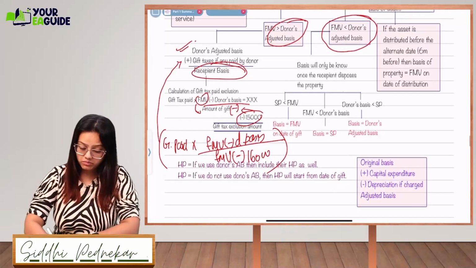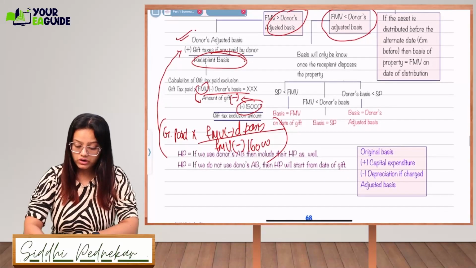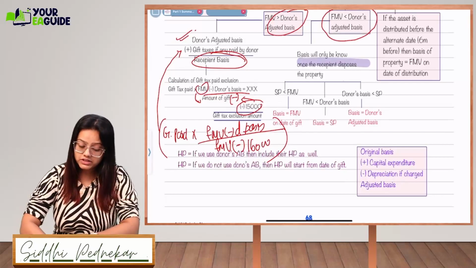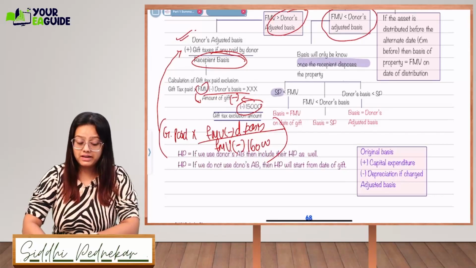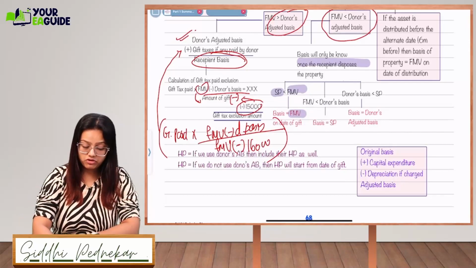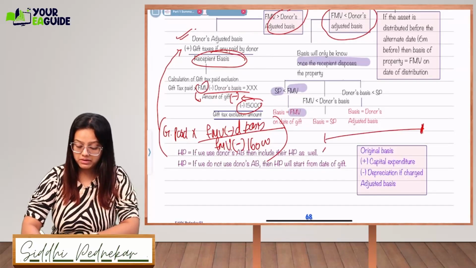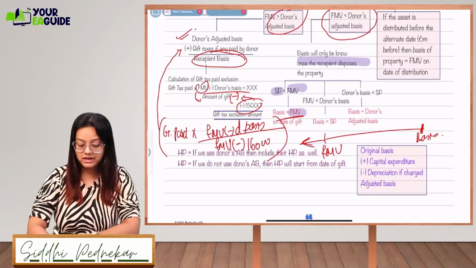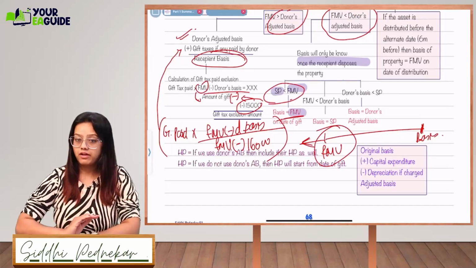In case of depreciated property, the basis will only be known once you sell or dispose of the property. If the selling price is less than the FMV, directly take the FMV as the basis. We have drawn the timeline: this is my FMV, this is my donor's basis. If I sell at less than FMV, my basis will be FMV.